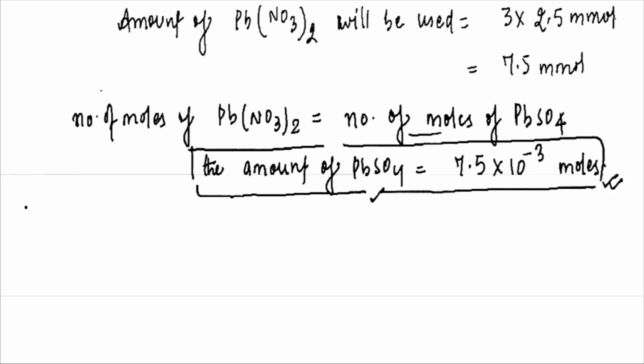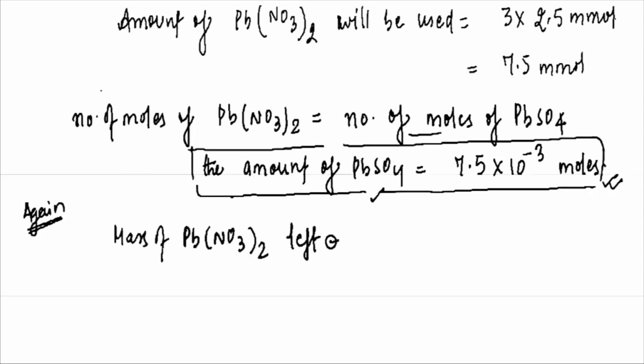So I can write again the mass of, or I'm sorry, not PbSO4 but Pb(NO3)2 in the reactant that is left. So how can we do that?